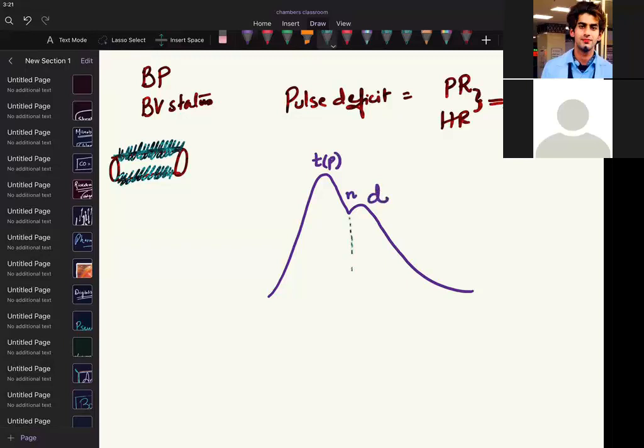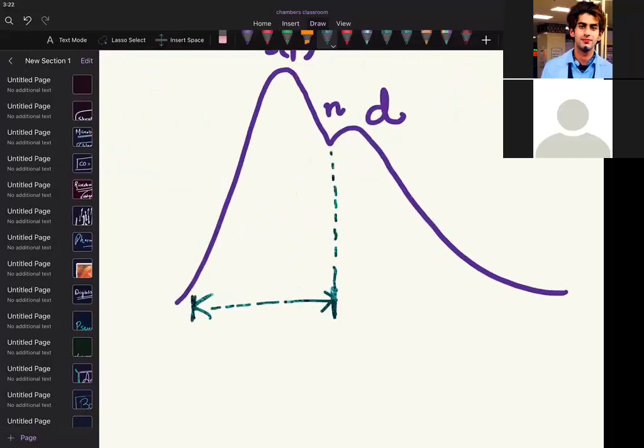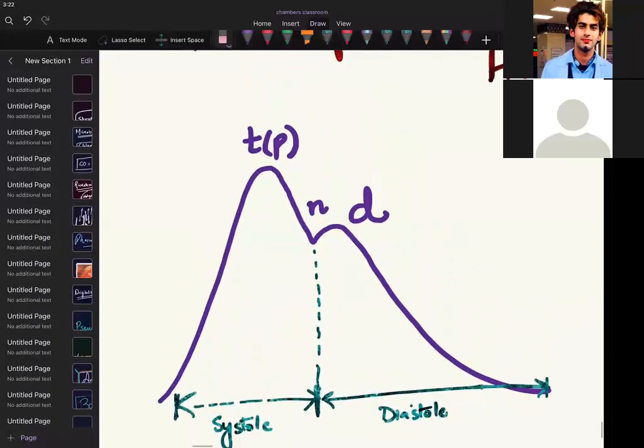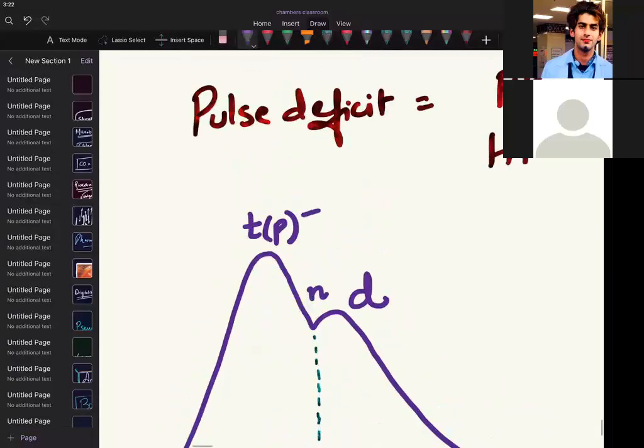This is the systole period, and this whole part is the diastole, by the way. Okay, this T is called the tidal wave, or also called the percussion wave.